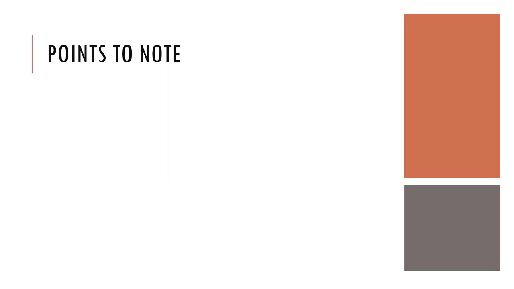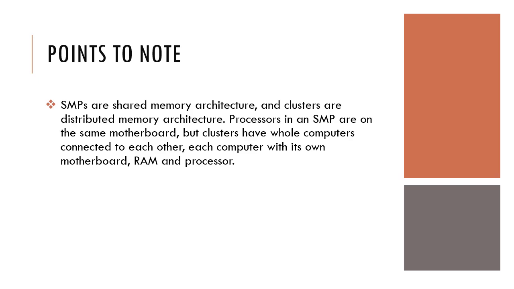So there are a few points that we need to note. SMPs are shared memory architecture and clusters are distributed memory architecture. Processors in an SMP are on the same motherboard, but clusters have whole computers connected to each other, each computer with its own motherboard, RAM, and processor.